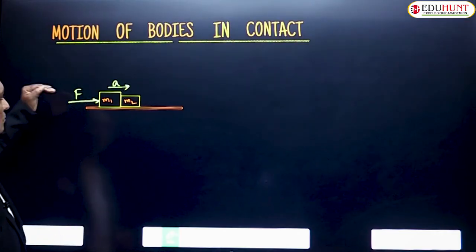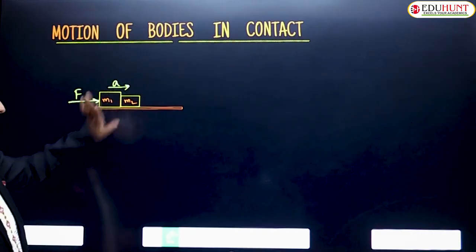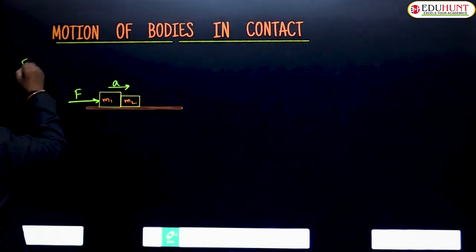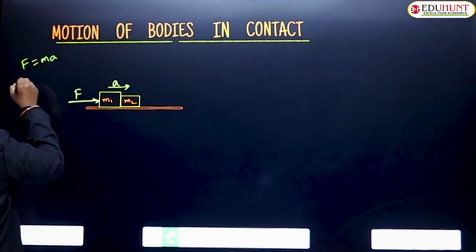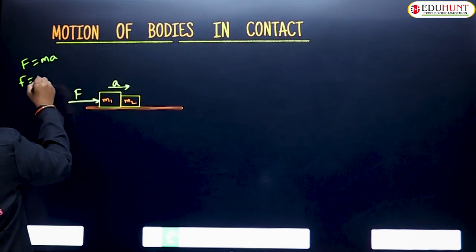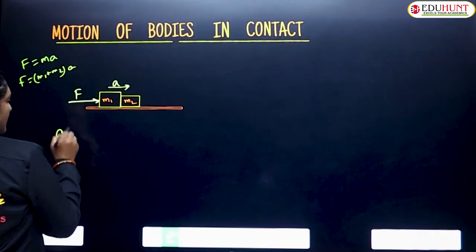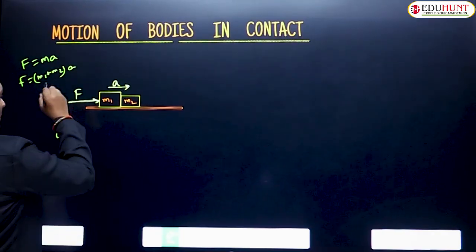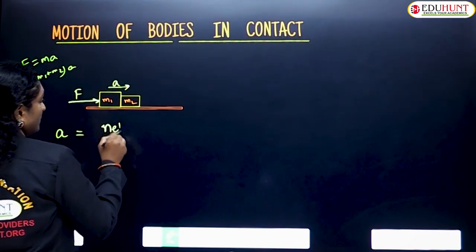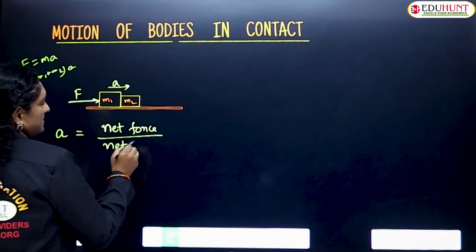The total force applied is F and the total mass is M1 and M2 together, and acceleration is A. So F is equal to (M1 plus M2) into A. So clearly the acceleration produced will be equal to the net force acting on the two masses upon the net mass.